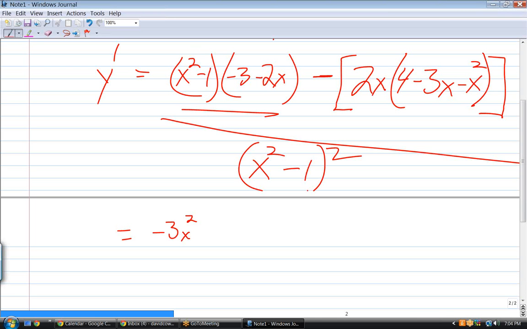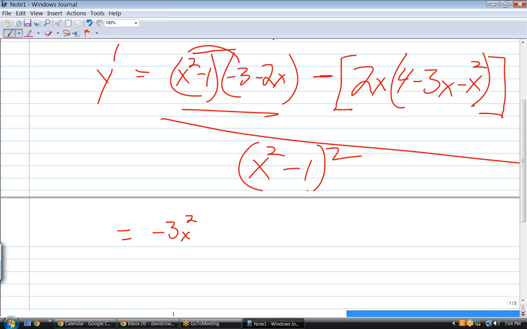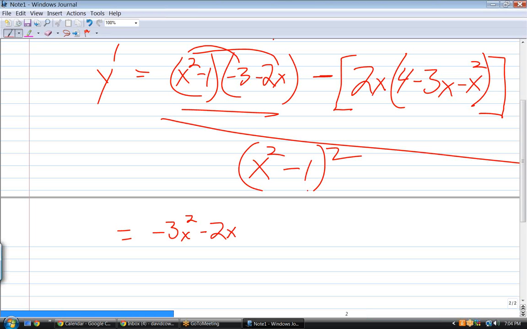That times that plus that times that. Now, you are going to have a plus 2x at some point, but if we do it out of order, we may forget a term. So let's do the second term first, which is minus 2x cubed. Plus 3. And now plus 2x.